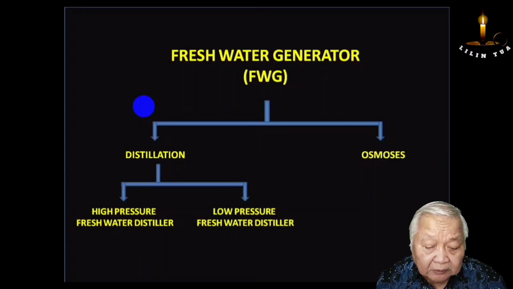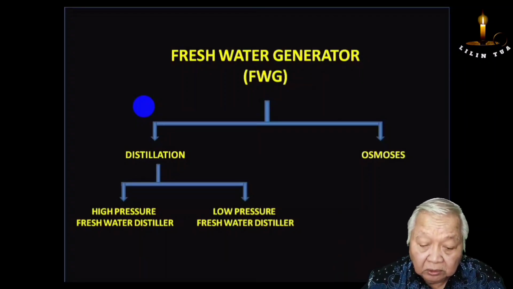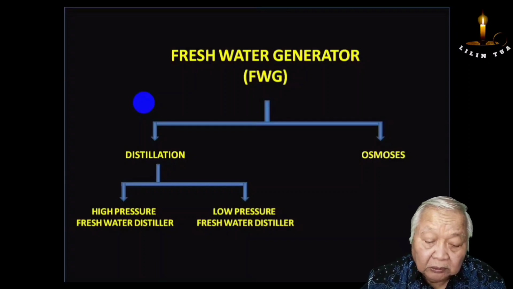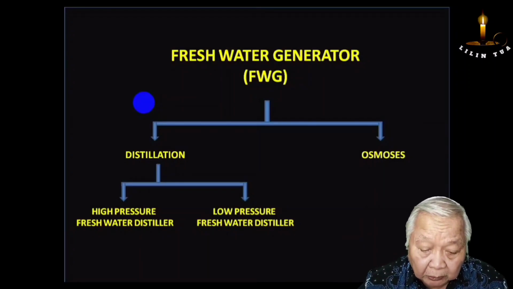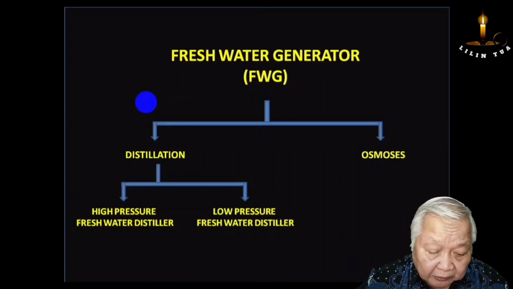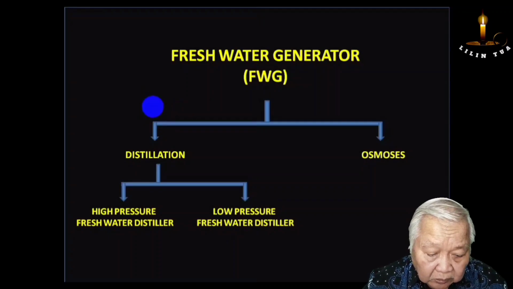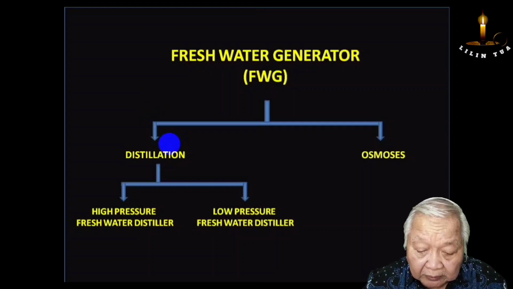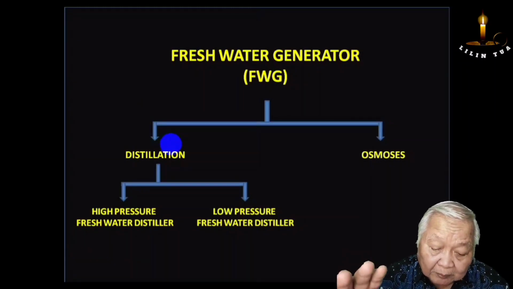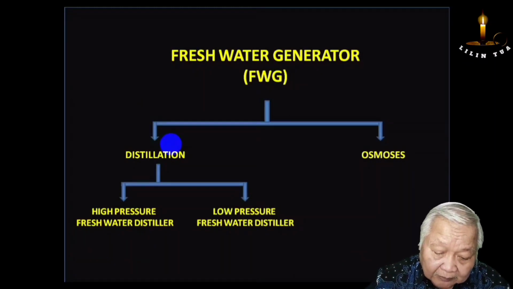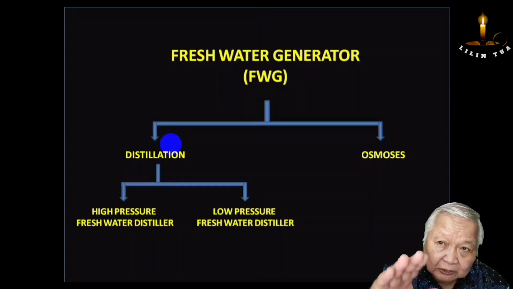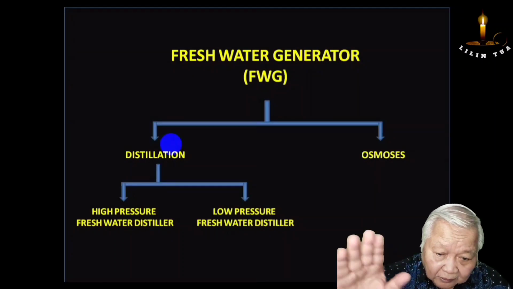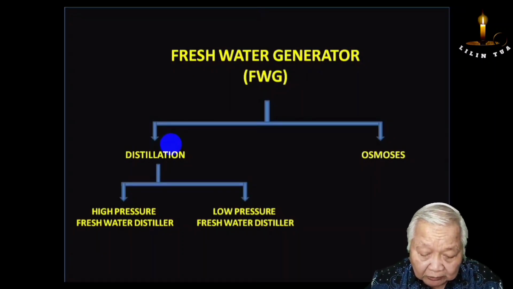Conversely, the lower the surface pressure, the lower the temperature required for evaporation. Therefore, the freshwater distiller can be divided into two types, namely high pressure freshwater distiller and low pressure freshwater distiller.